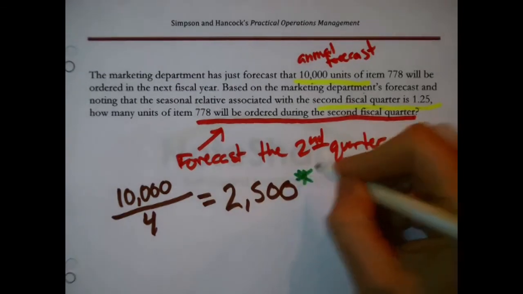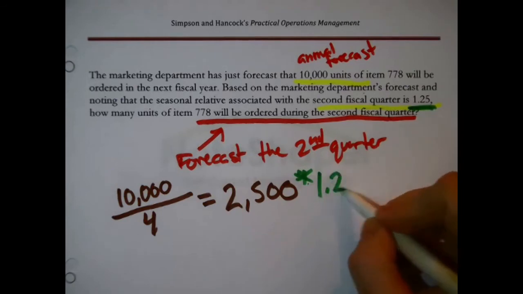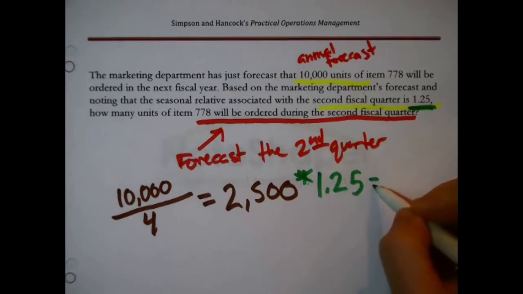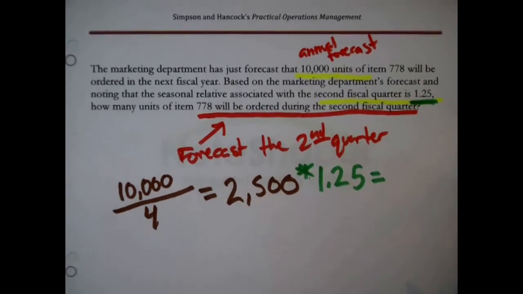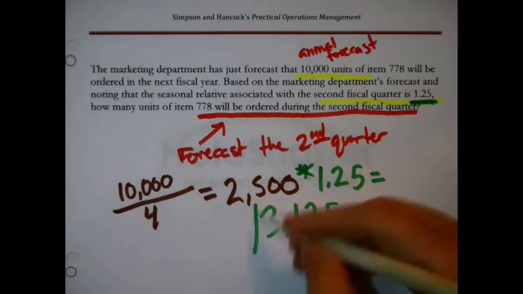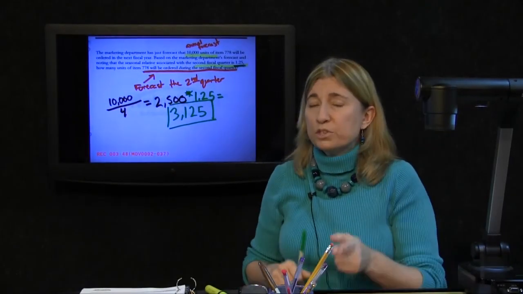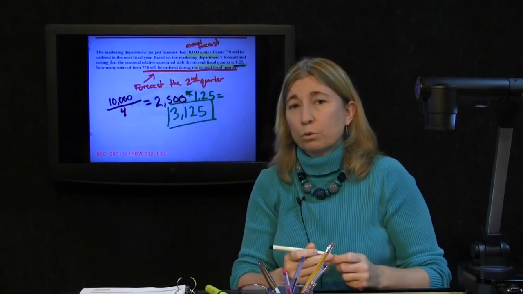So take that 2,500 and multiply it by the 1.25. It's basically a tool for adding the season. Okay, 2,500 times 1.25, I get 3,125. That's our answer. That is our forecast specifically for the second quarter of that year.